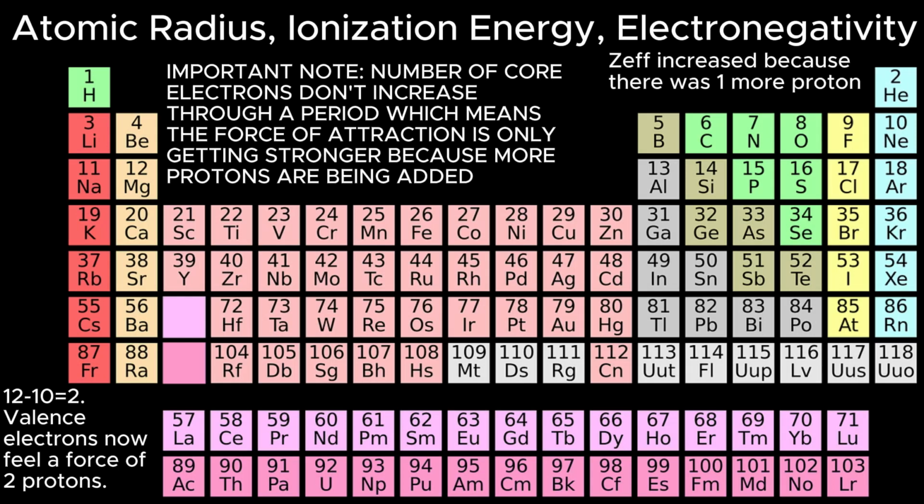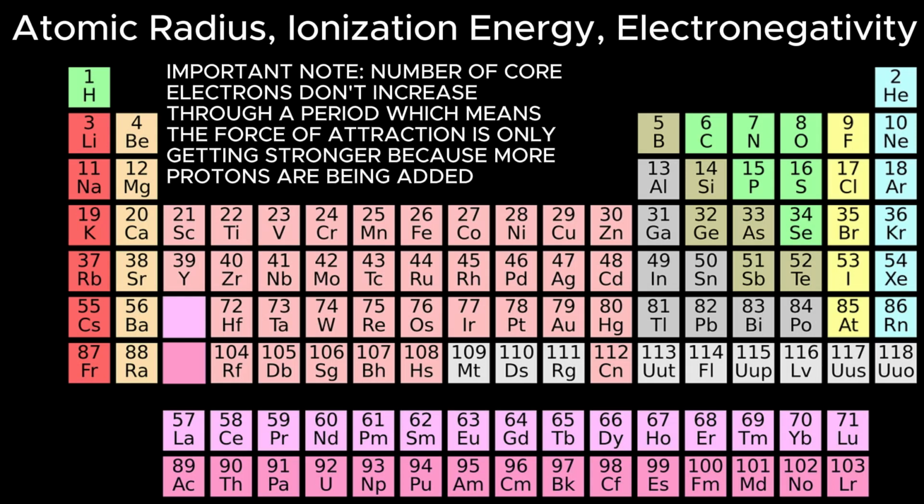So it's basically the same thing as Na, except we added 1 proton. So 12 minus 10 is 2. That means the valence electron is feeling a force of attraction of 2 protons.